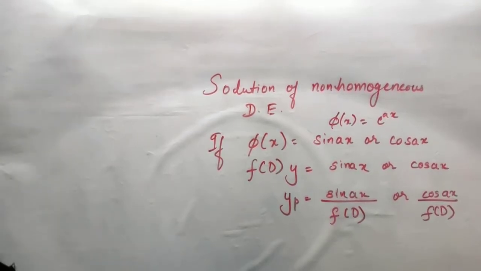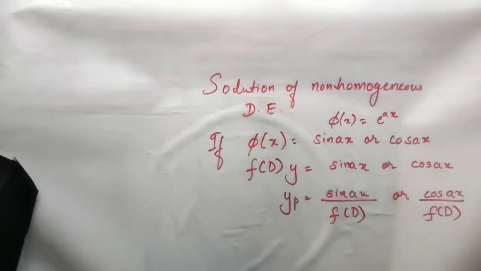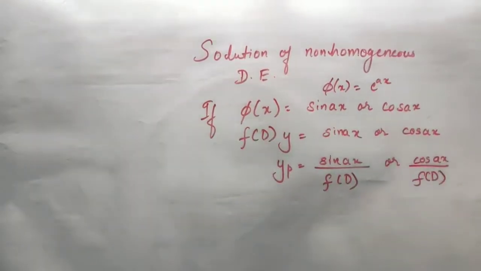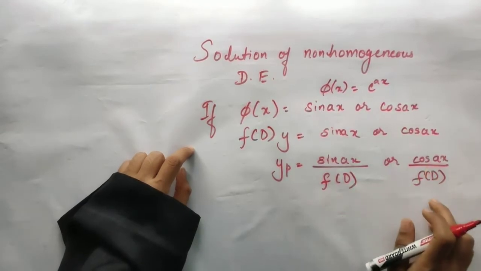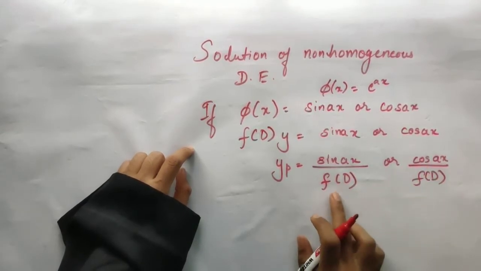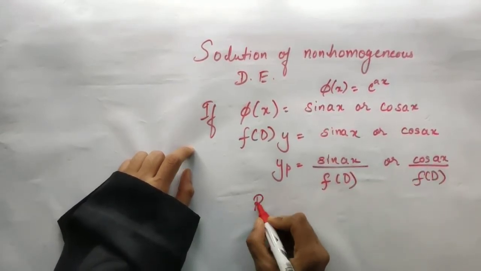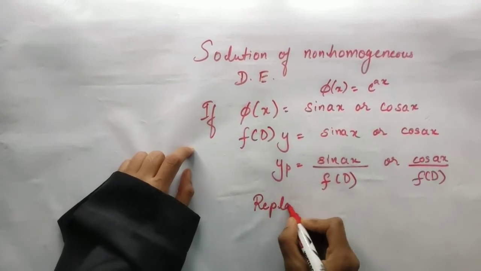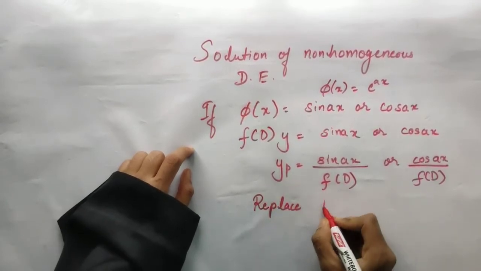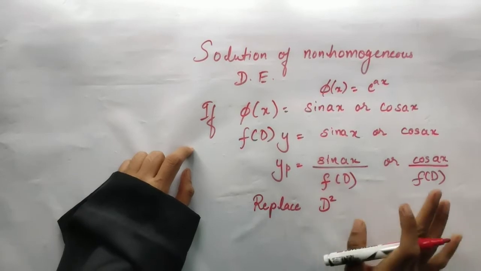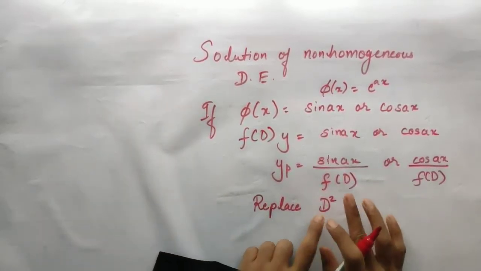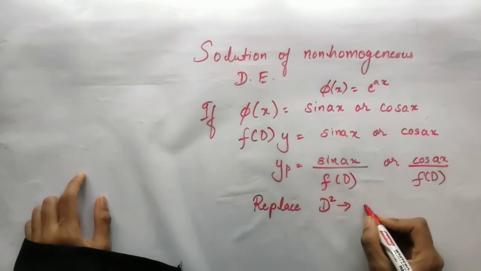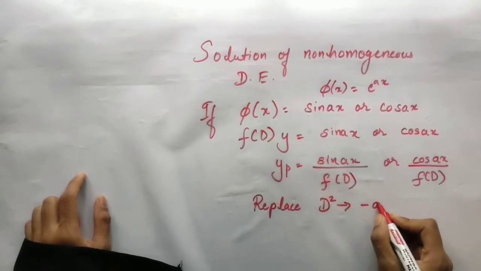Now further, you should remember one rule here. Whenever you have sine ax or cos ax in the numerator of this f of D, you replace D square, not D, not D cube or anything, just D square, by minus a square.